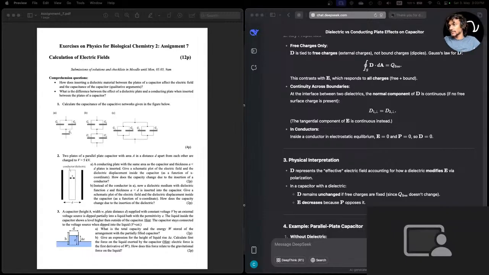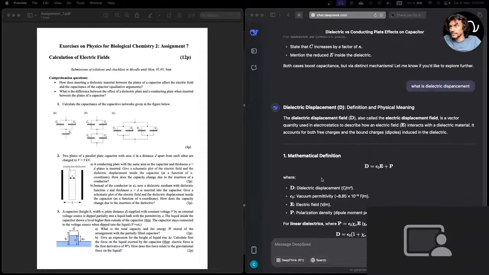So that's the electric field, the dielectric.